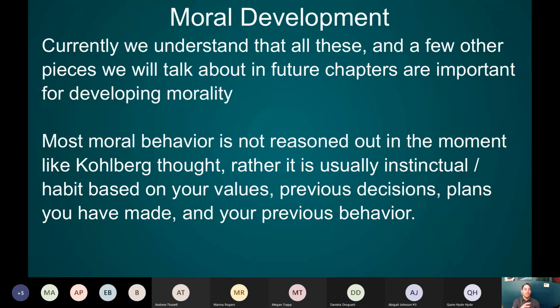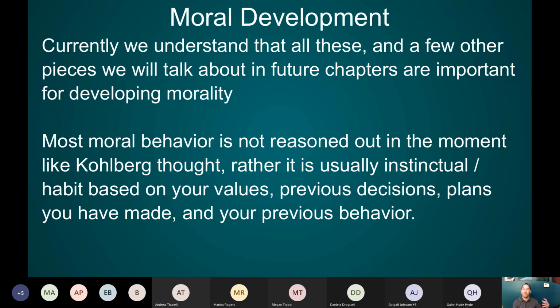With that being said, you can stop whatever habitual action you have in any given moment, think about it and reason it out, especially if it's a really strange or different situation. But usually that reasoning happens after a situation. You might look back on it and say, oh, I probably should have done X, Y, Z, that would have been better. And then you incorporate that into your next future behaviors. So most of our moral behavior is really instinctual.